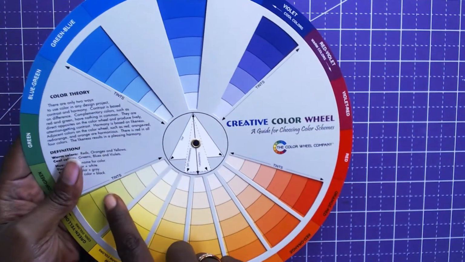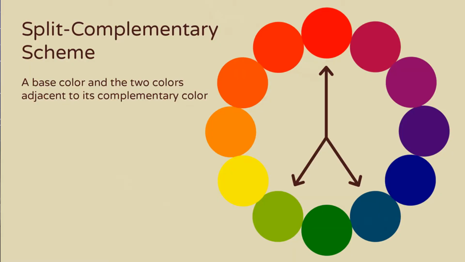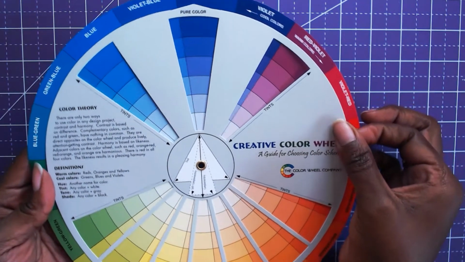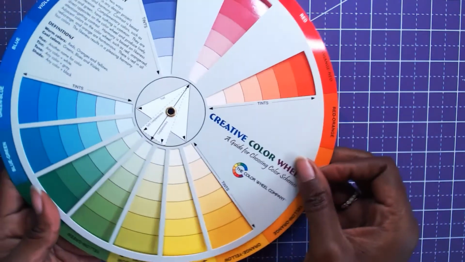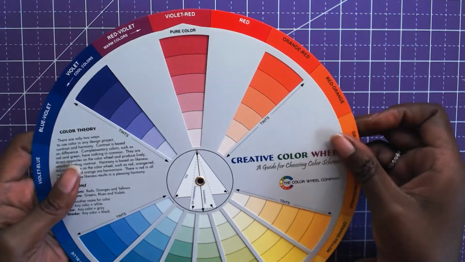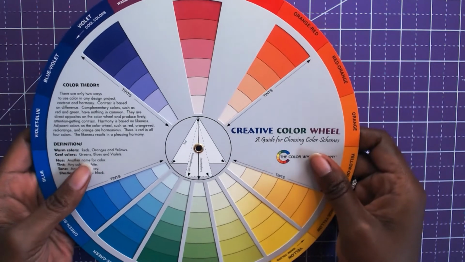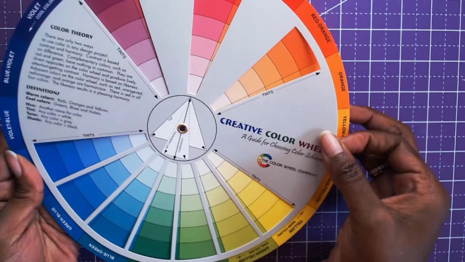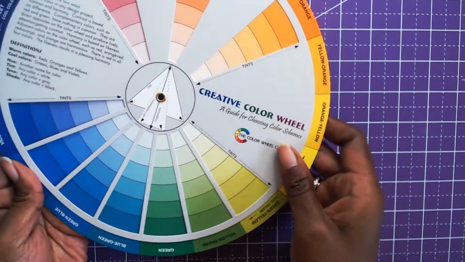Last, we have split complementary colors. These are the two colors on either side of a color's complement. For example, the split complement of red-orange is yellow-green and blue-green. Now we'll show you how to find that on my color wheel.